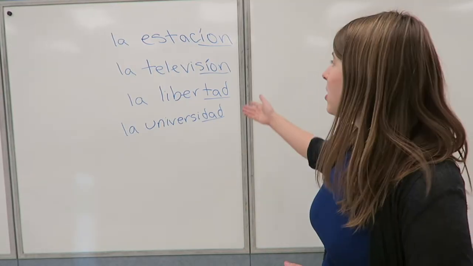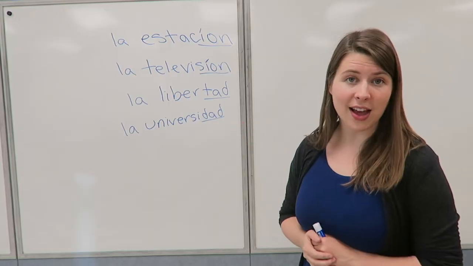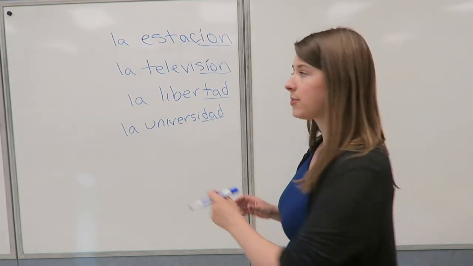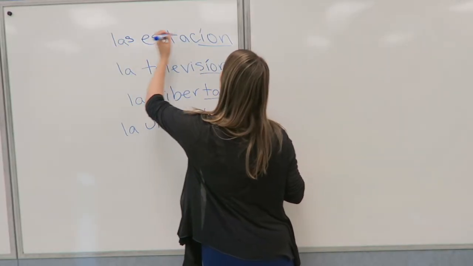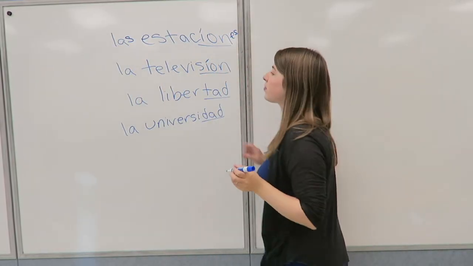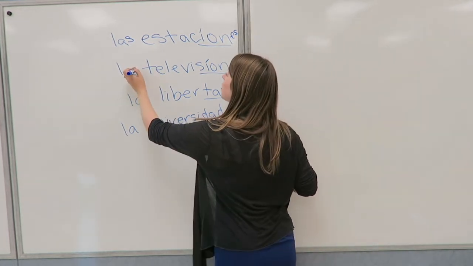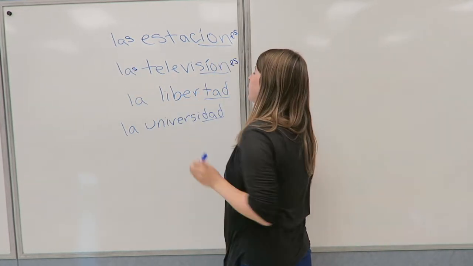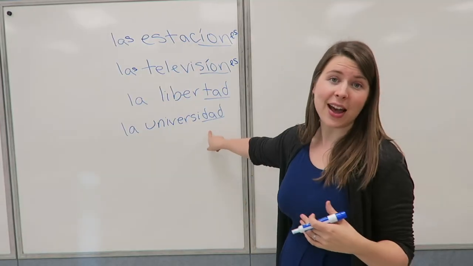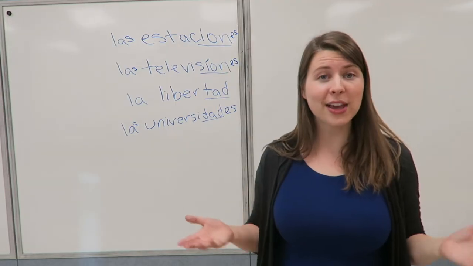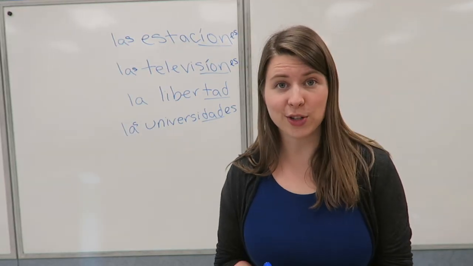So for example, using some of these, since they all end in consonants, the first one would be las estaciones, las televisiones, las universidades. Always making sure that the words are agreeing in number and gender.